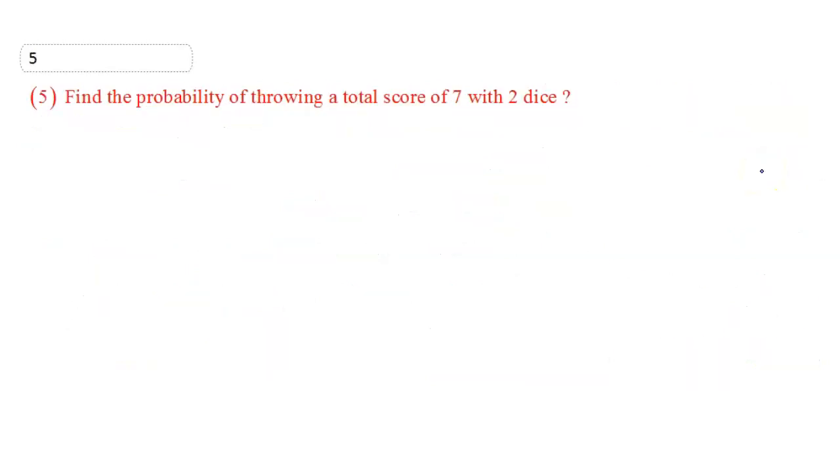Next question. Find the probability of throwing a total score of 7 with 2 dice. A die has 6 faces, right?